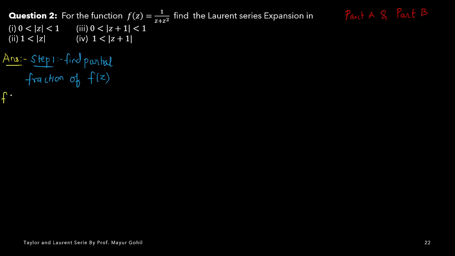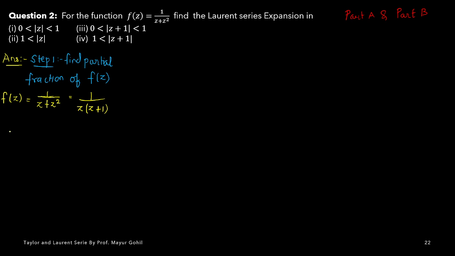Here you have f of z equal to 1 upon z plus z square. First I'll simplify a bit, z times z plus 1, rearranging the terms a little, and then you get that.